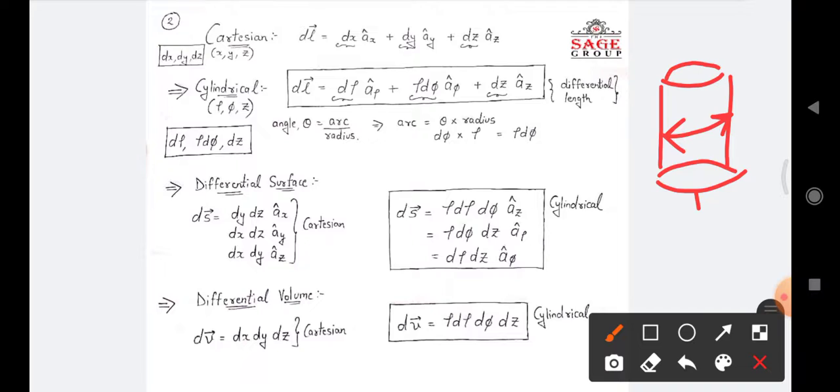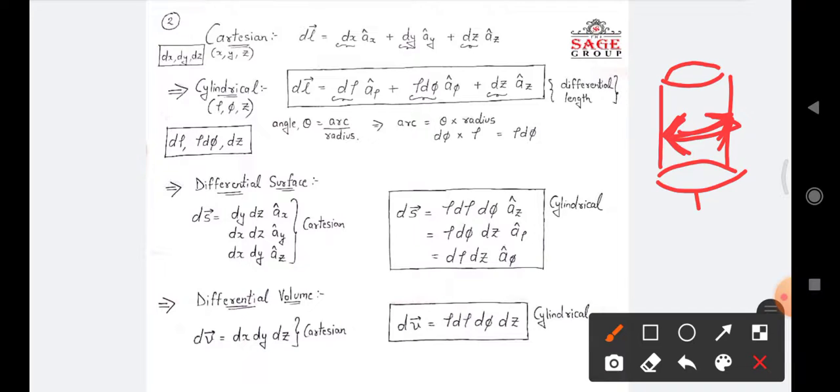So to find the differential length across this lateral surface, we need the measurement of this curved surface. I can also say curved is arc. The arc and curved are both the same thing.